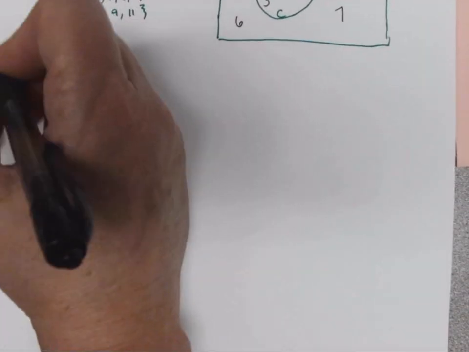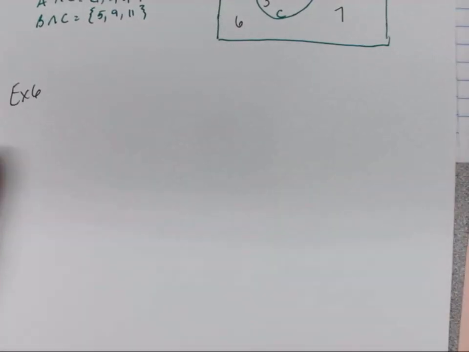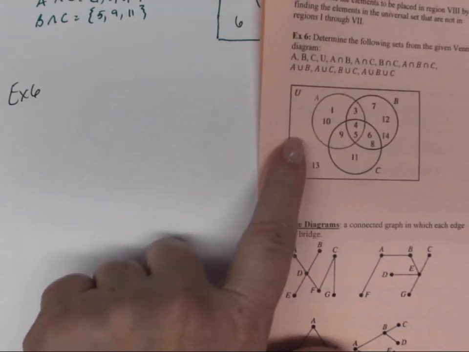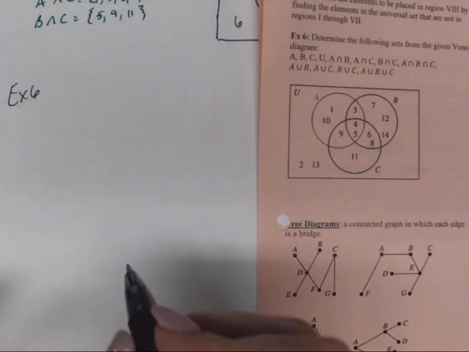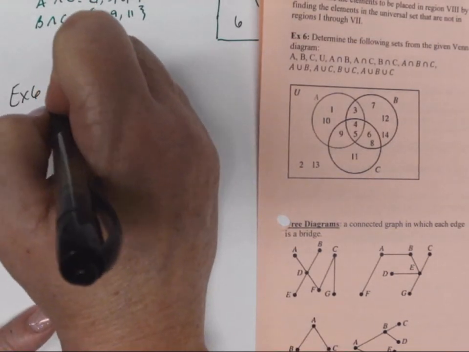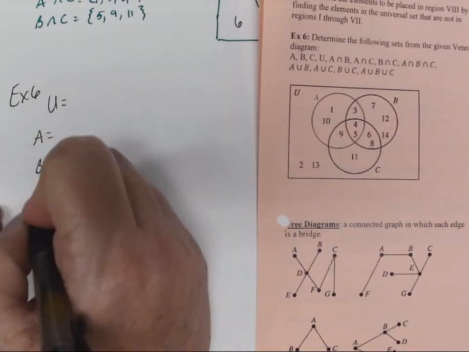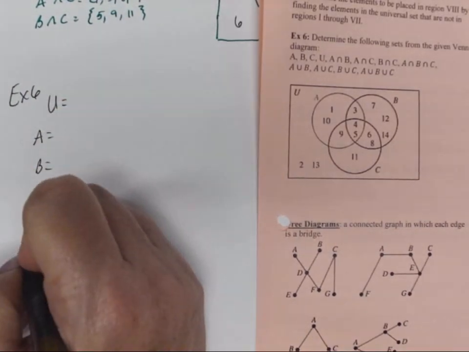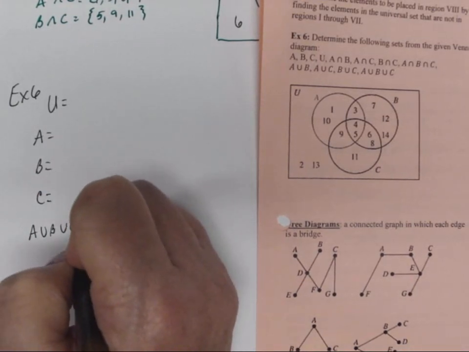All right, so this is example 6. You should be able to see that. So we are looking to find the universal set. We need to find set A, set B, and set C. And then we'll find the intersection of all of the sets.